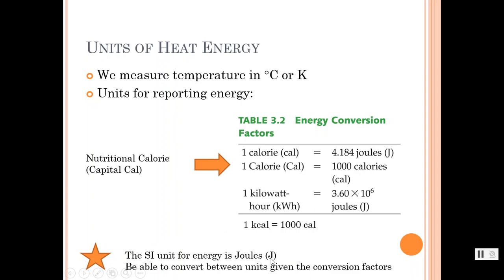Capital J is the abbreviation. So you do not need to memorize these. You'll obviously be able to use them for quizzes and exams, but you should be able to convert a unit of heat energy from joules to a particular unit based upon these conversion factors.